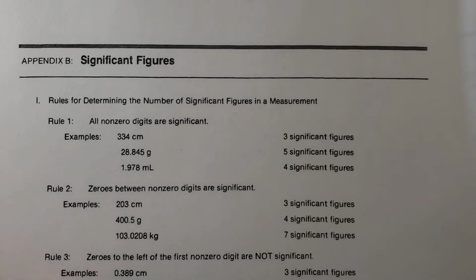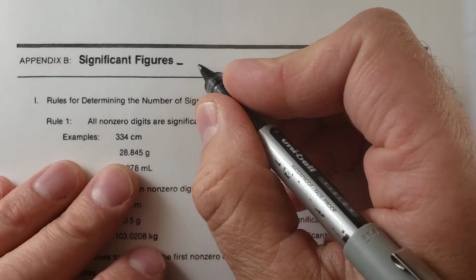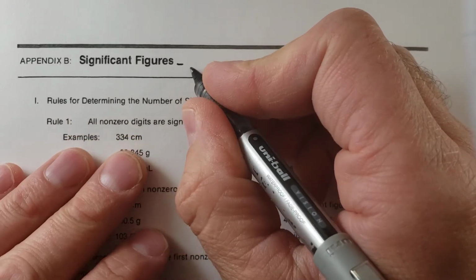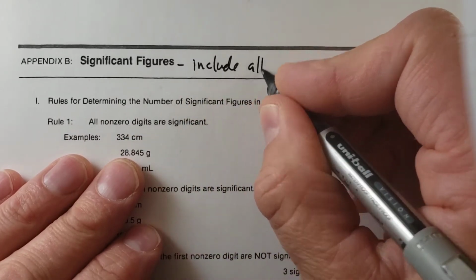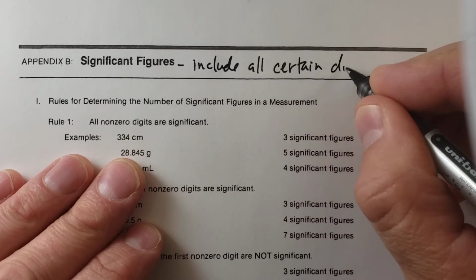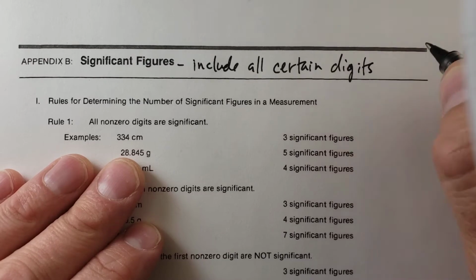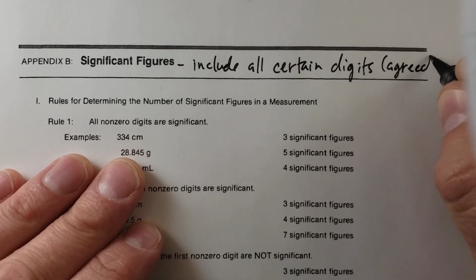So if you can find this page, Appendix B, significant figures. Significant figures, as we saw with that ruler example, include all certain digits. And by certain digits, we mean ones that are agreed upon.